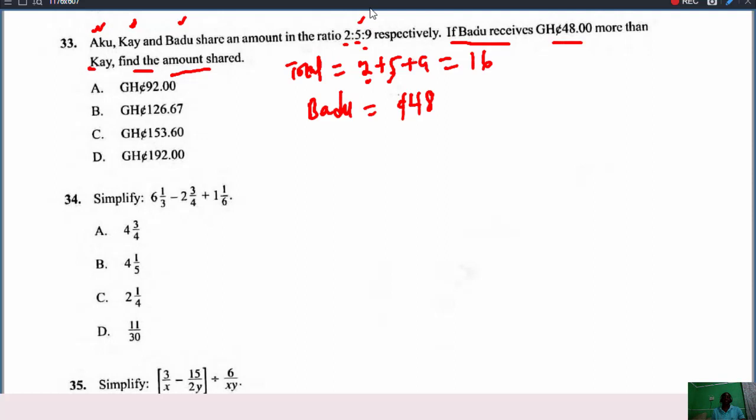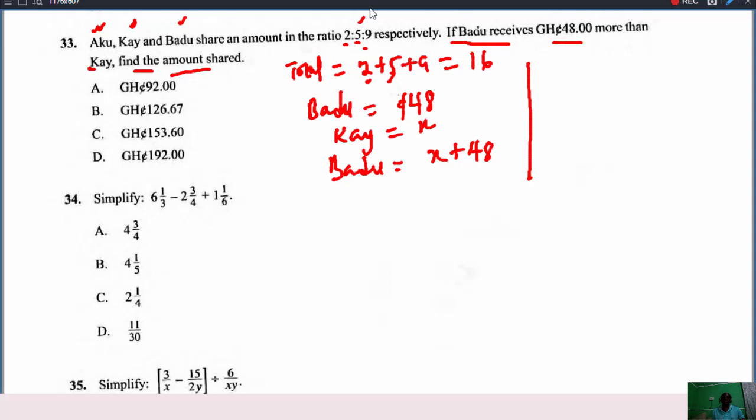So if K is equal to X, Badu will be X plus 48. Good. So let's take their ratio.